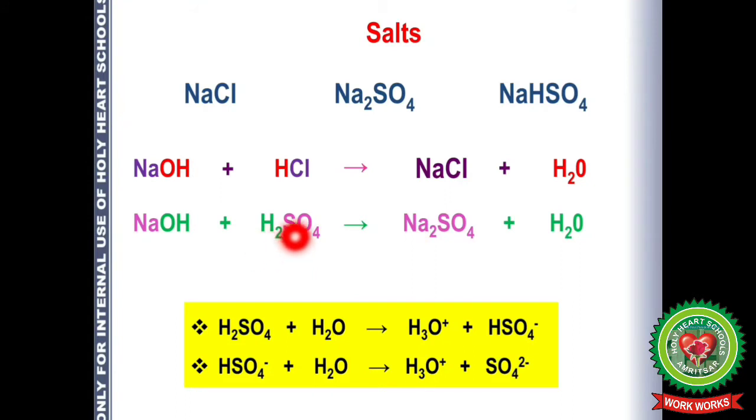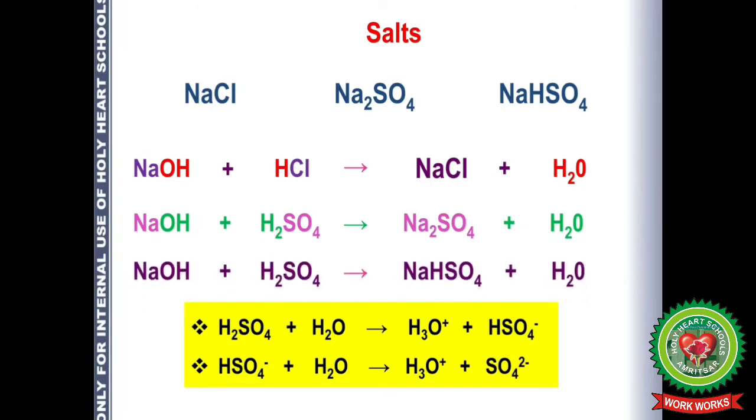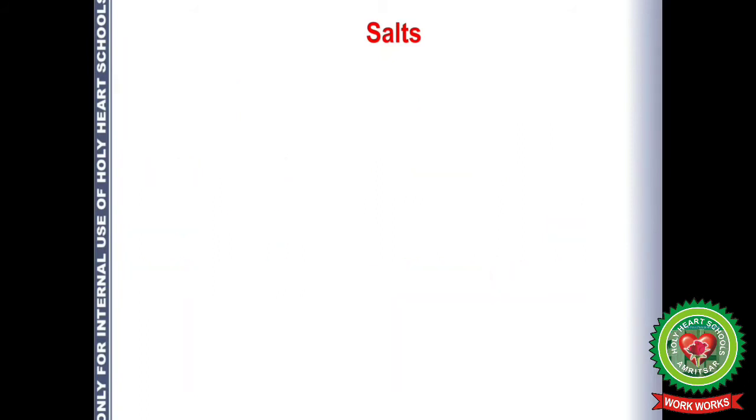Now in this case, the hydrogen ion of the acid is replaced by the metallic ion. And for another example, formation of sodium hydrogen sulfate, what we are taking here is NaOH as the reactant along with sulfuric acid. But here we will keep the temperature below 200 degrees Celsius so that sodium hydrogen sulfate is formed.